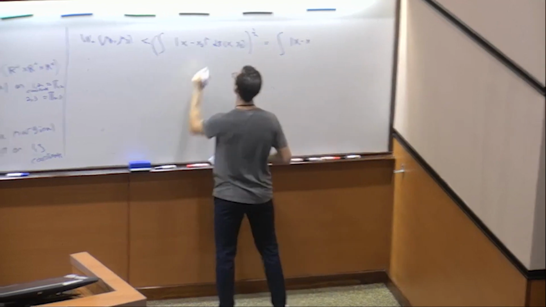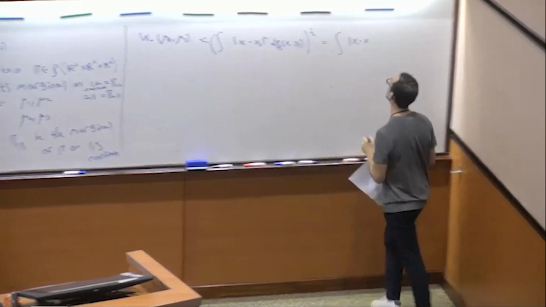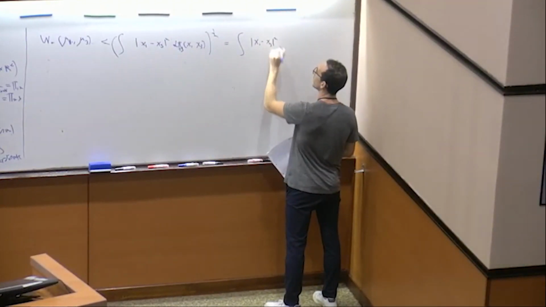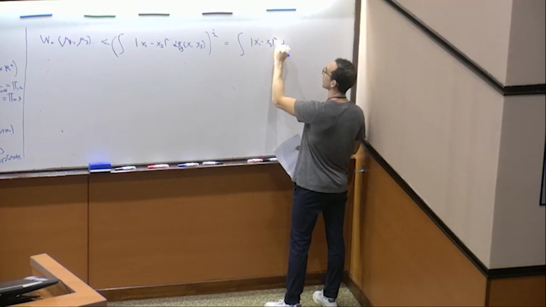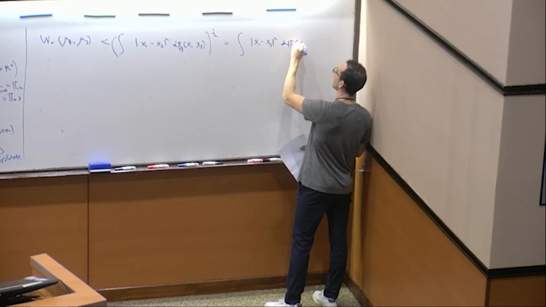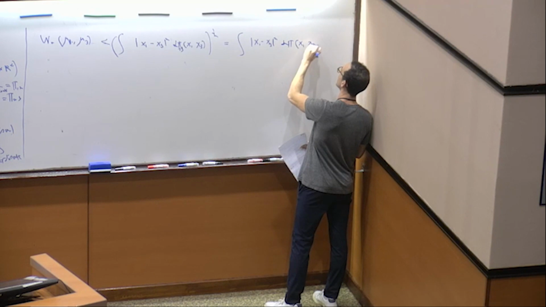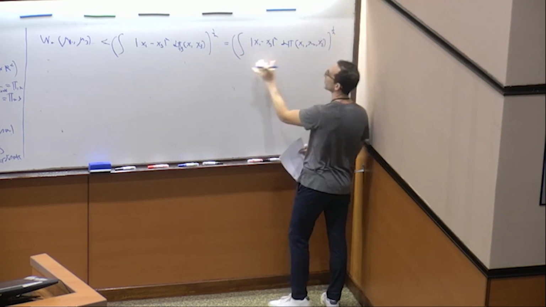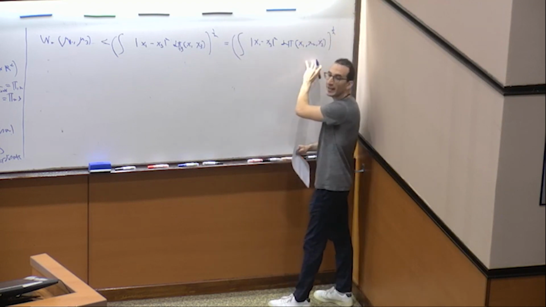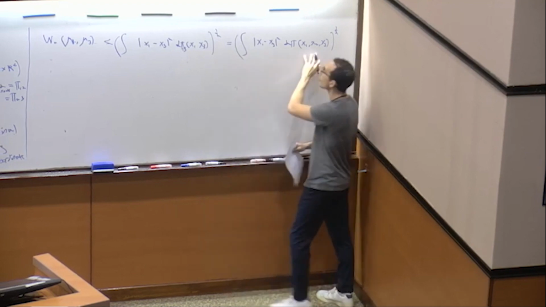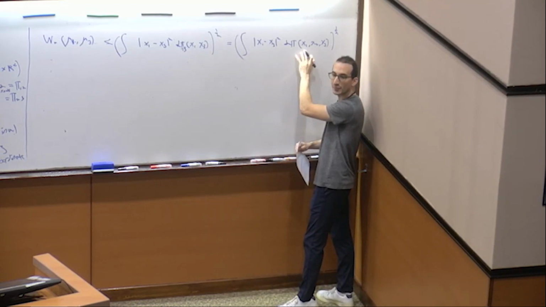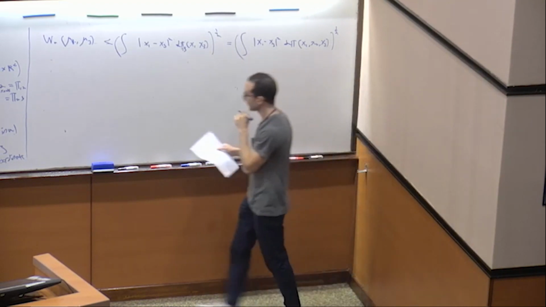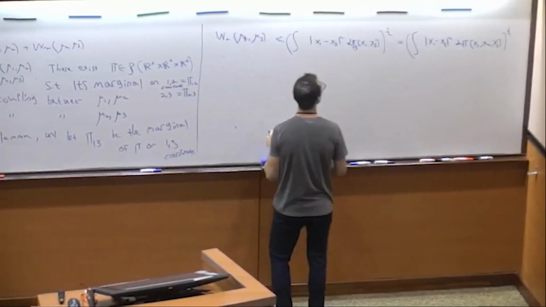But from the construction of pi, we can now write with respect to the full measure, meaning x1, x2, x3, where again the integral here is now over 3 coordinates. We're just using the fact that pi 1, 3 is the marginal of pi on the first and third coordinates.